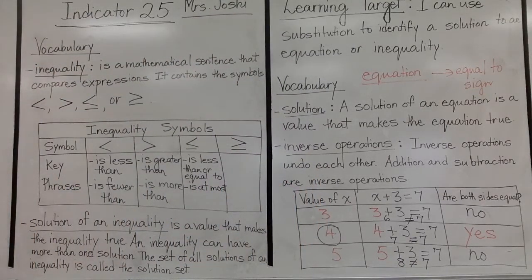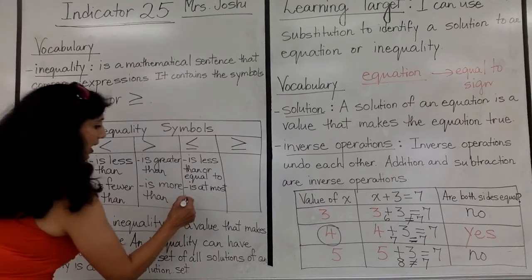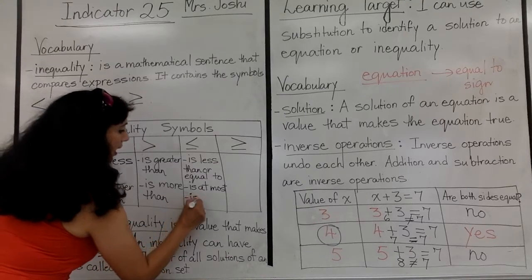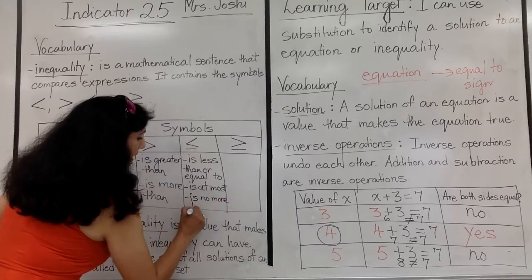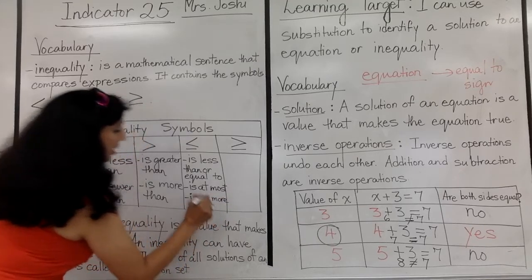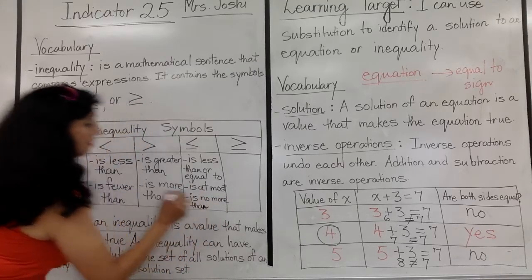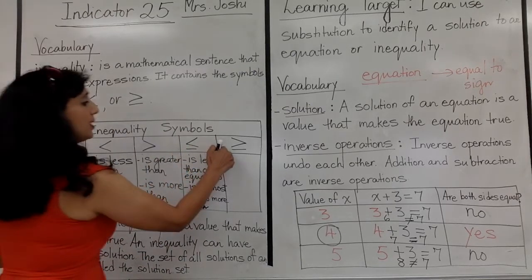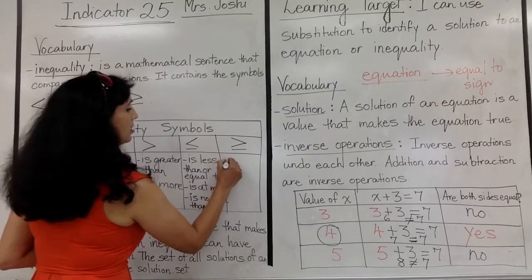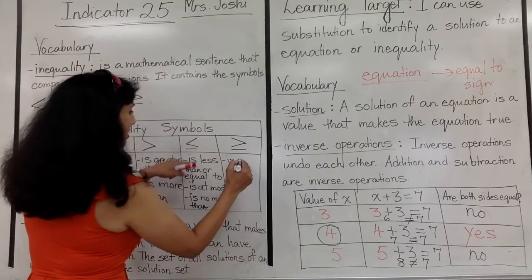Now, we can also have "is no more than." That is another key phrase for this one. Then let's look at the other one. This number is greater than, because this was less.